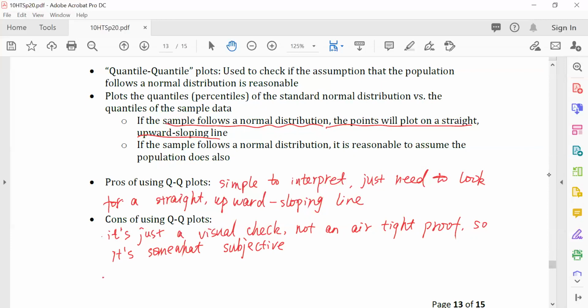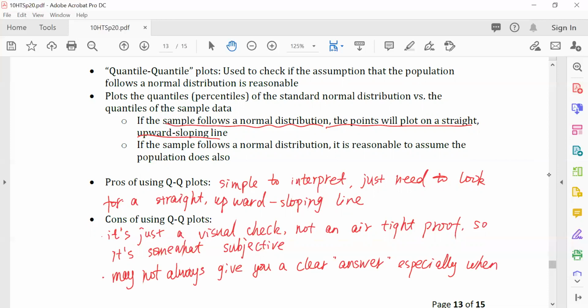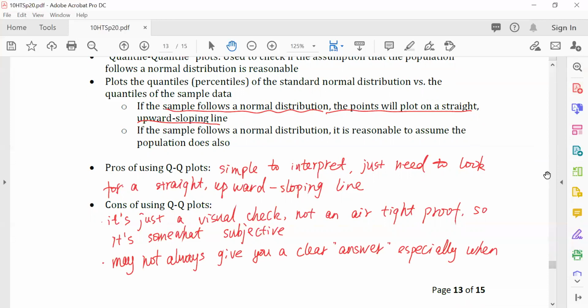Another thing is it may not always give you a clear answer, especially when your sample size n is small.